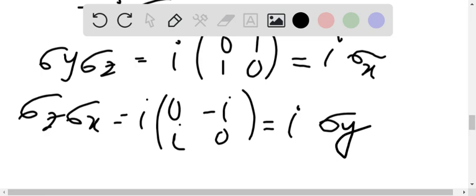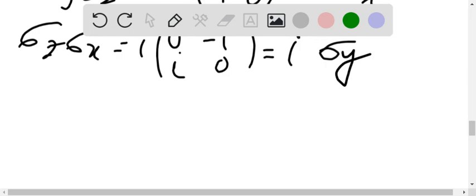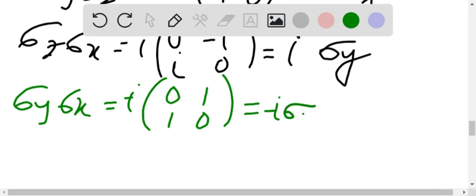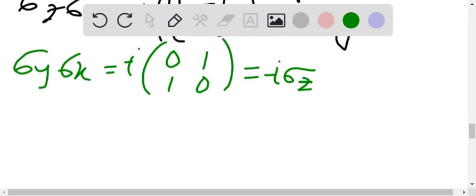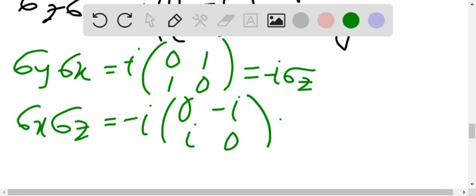So what are we going to do next? The next is to multiply sigma y with sigma x. So we'll get that negative i [1, 0; 0, -1]. This is equal to negative i sigma z. Next, we are going to multiply sigma x with sigma z, and we will get that negative i [0, -i; i, 0], and that is equal to negative i sigma y.